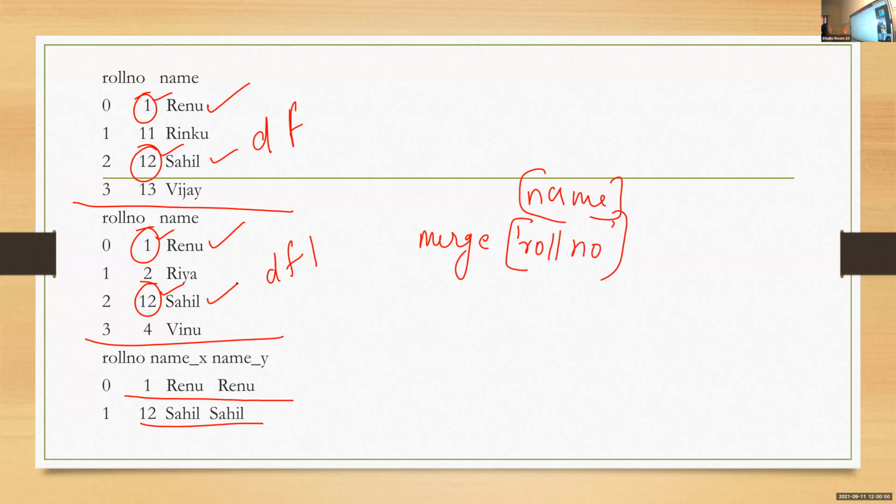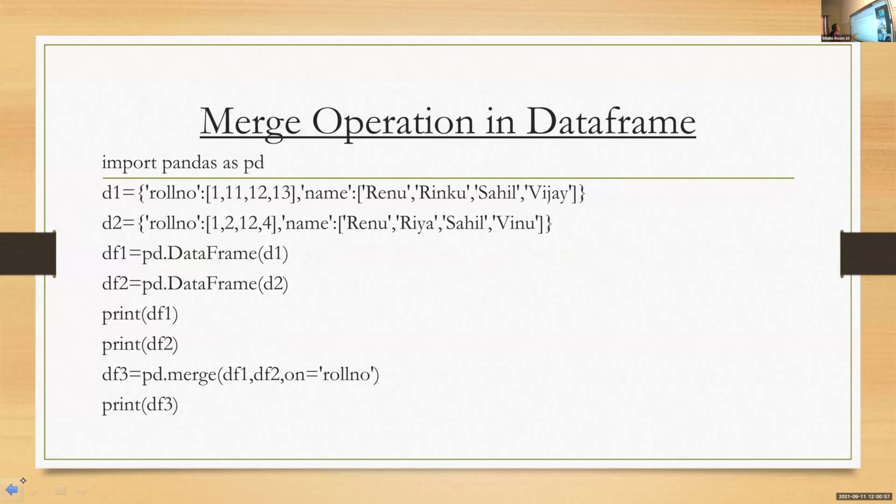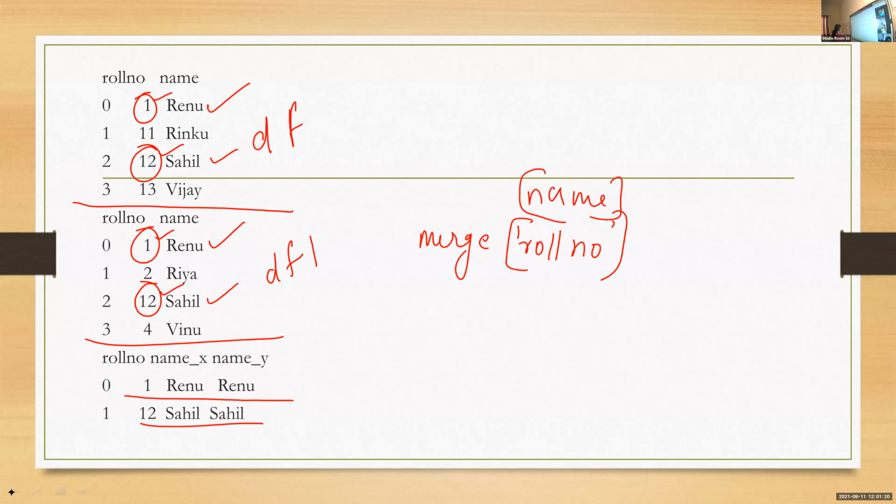We can give any column name as a parameter for merging. In this program, I am using roll number. So this merge operation is used for selecting the rows with some common value. We can give any column heading as common for selection. In this program, I am using roll number for comparison.